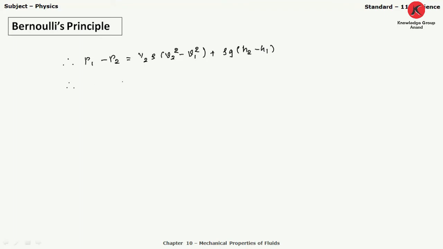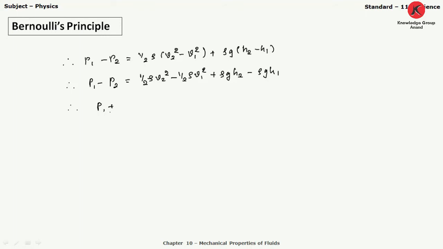If we simplify this, P1 minus P2 is equal to half rho V2 square minus half rho V1 square plus rho g h2 minus rho g h1.